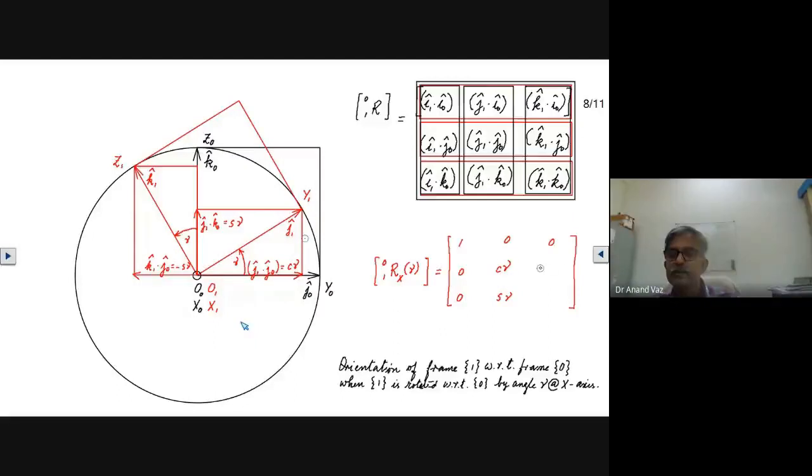So this is minus sine. And finally here we have K1 dot K naught. K1 is here, K naught is here. So this is the component K1 dot K naught. And this component is equal to, it's the adjacent side, cos of gamma.